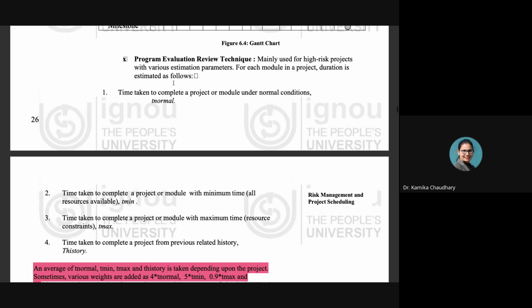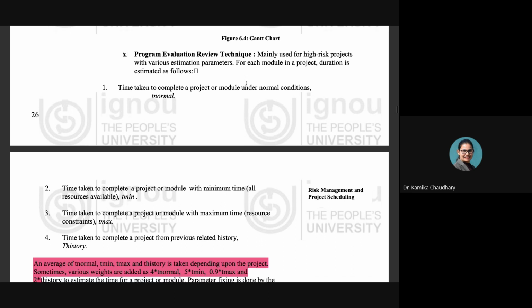So in the case of the program evaluation review technique, this technique is being used for high risk projects, right? And then the various estimation parameters related to the duration of the estimated time are taken into consideration. It could be T normal, T minimum, T maximum, or T history. T normal means the time taken to complete a project under normal conditions.